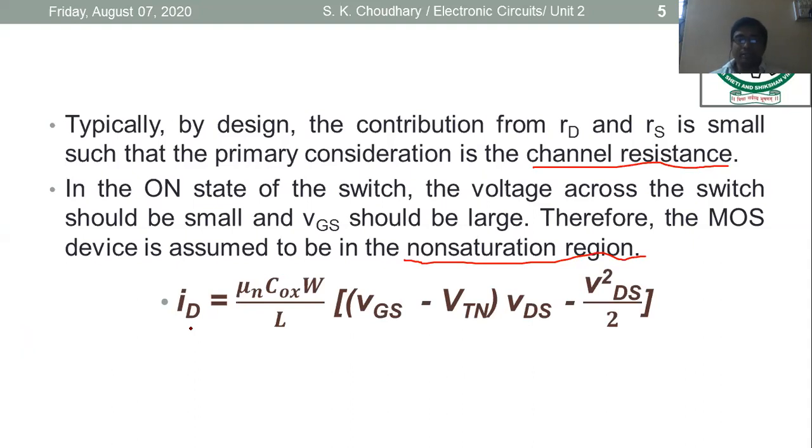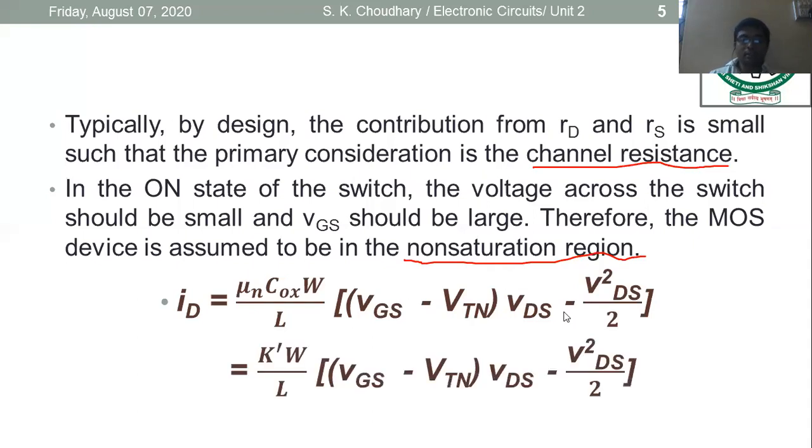Sometimes we also write it as mu n COX W by 2L into (2 times (VGS minus VTN) into VDS minus VDS square). We have just modified it a little: we took the 2 common and cancelled it out, and the remaining terms are in this formula of the current. We can simplify the equation like this also.